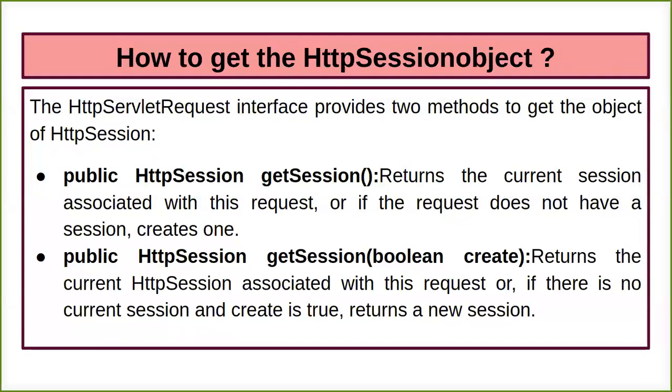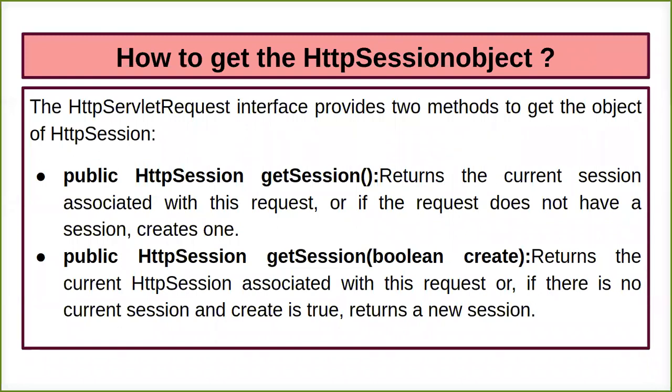Fine. Then we have the next method, which is getSession with a boolean create parameter. So we have two methods here, students: one without a parameter and one with a parameter. The second method has a parameter that takes a boolean value.